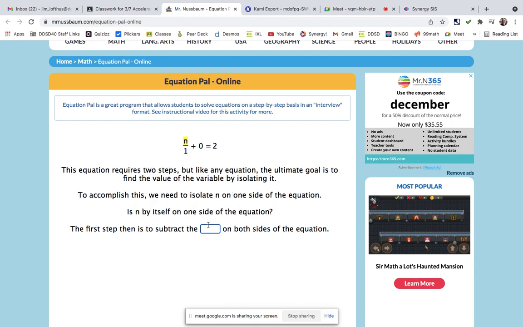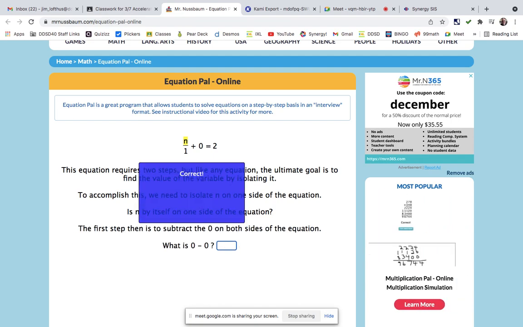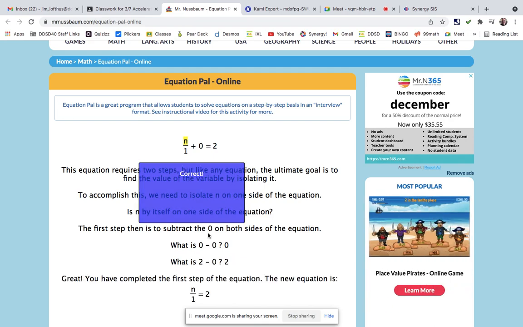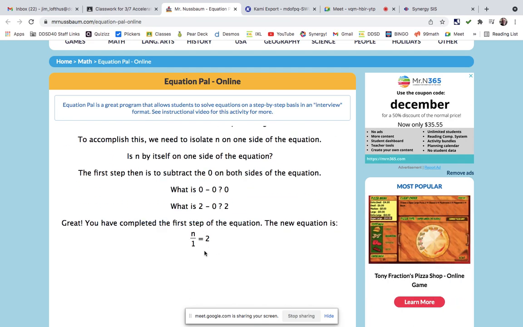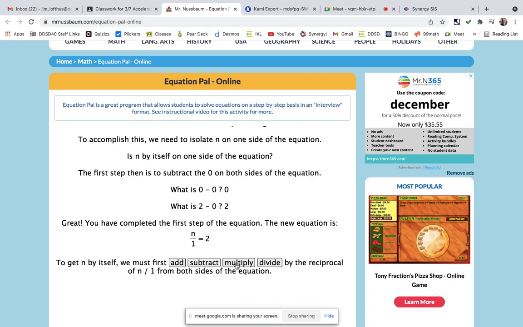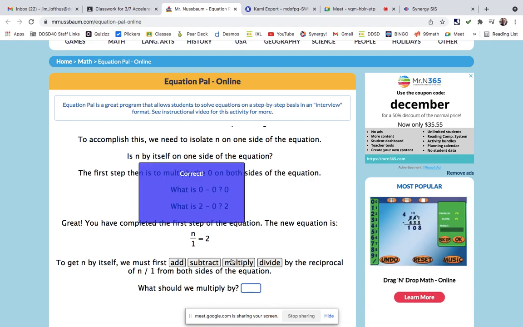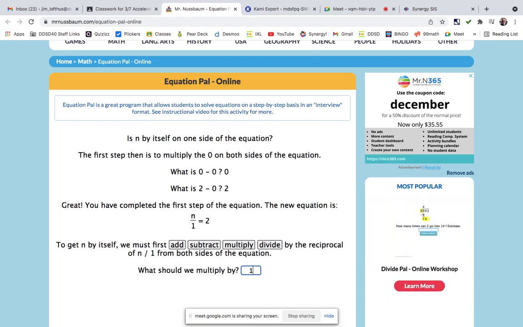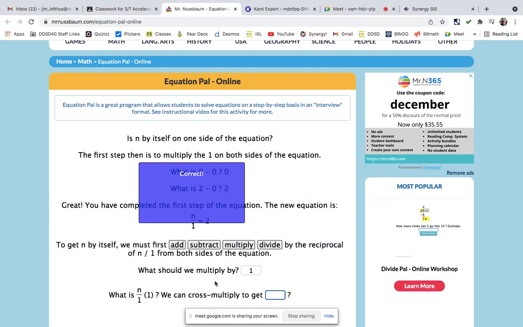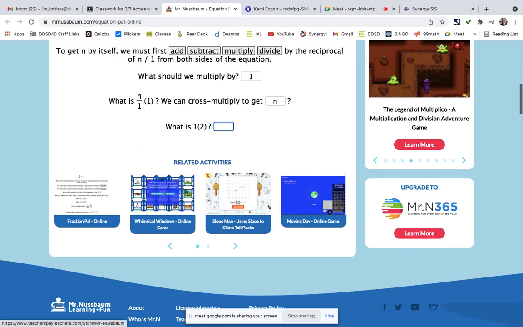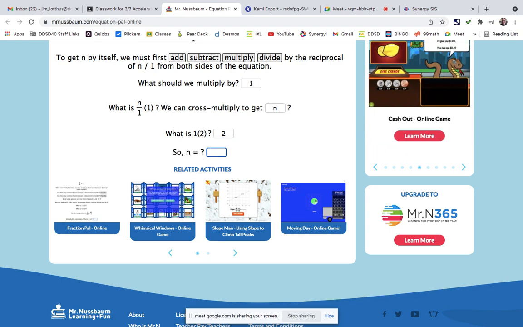And we're going to subtract the 0. 0 minus 0 is 0. 2 minus 0 is 2. And we're going to multiply by 1. And that's 2.